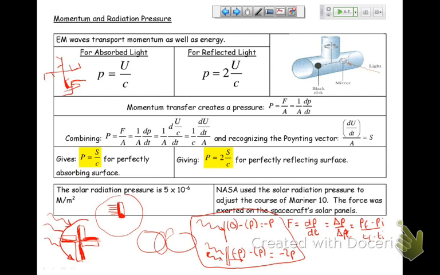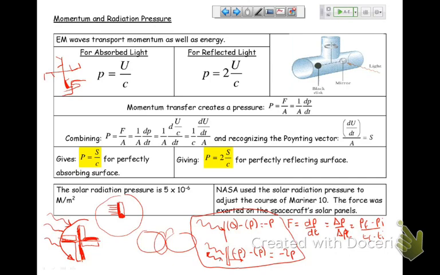So basically what we can say is that the change in momentum P is equal to U over c, the energy over the speed of light. And for reflected light, P equals 2U over c. Momentum transfer creates pressure. Pressure is equal to force per unit area. So 1 over A times dP by dt, because that's what force is.